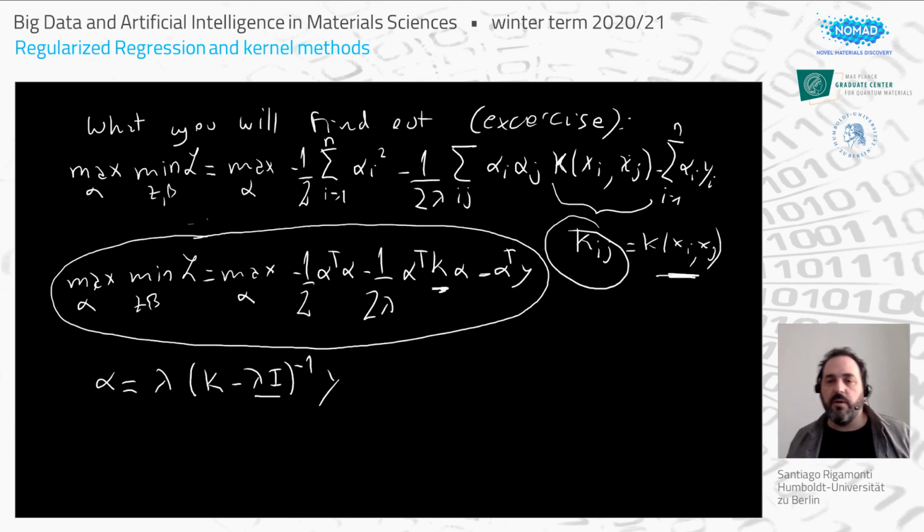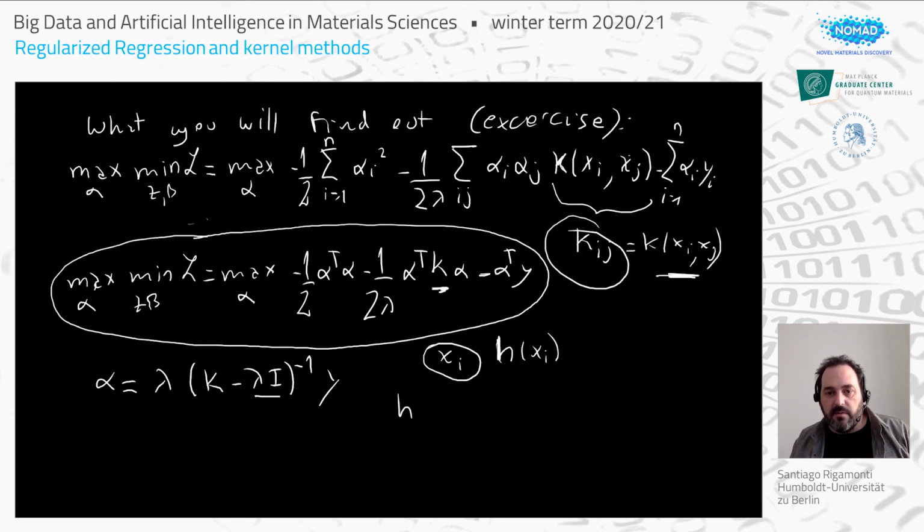This will be useful in the context of a feature expansion, a basis expansion of your input vectors. If we enlarge our feature space, instead of having the variables x, we have a certain set of functions h of x.